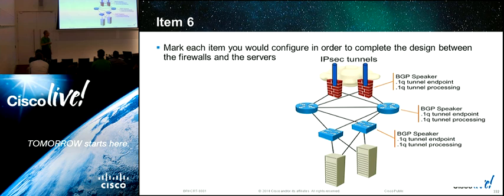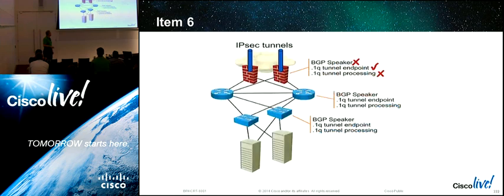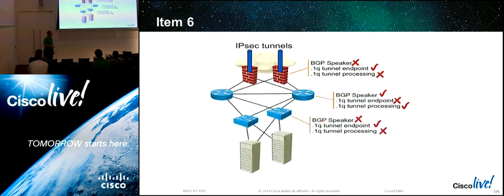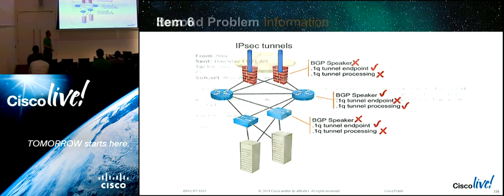And what about the access switches? Well, they're not doing BGP. They're actually terminating the other end of the .1Q. So if you got this one right and this one wrong, and this one right, you'd get partial scoring, or you'd get points for those two correct ones.